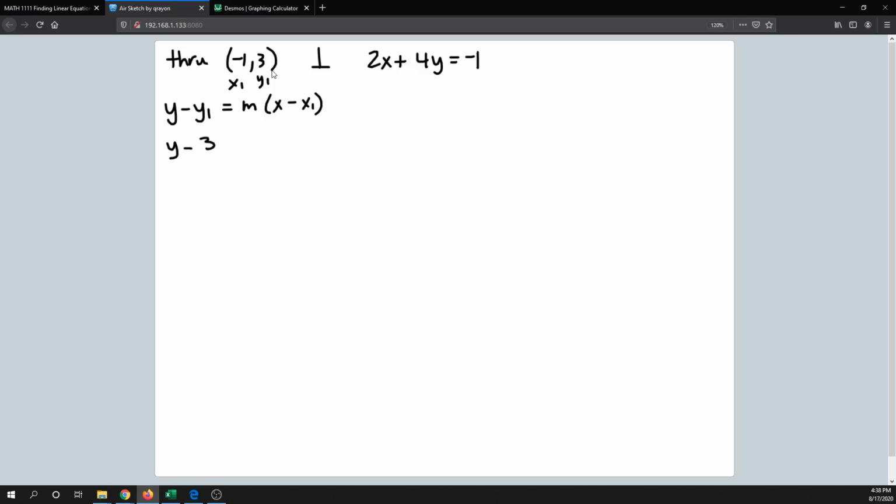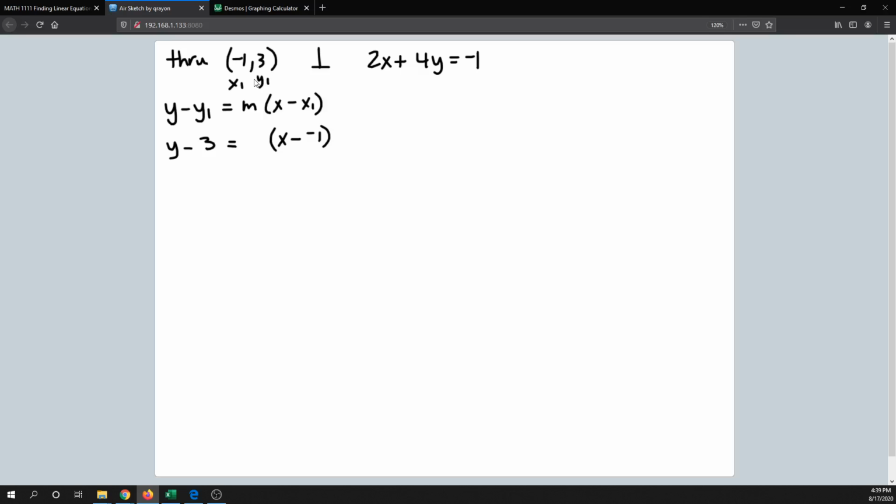So we would plug in 3 for y1 and x1 is a negative 1. So that would be x minus a negative 1. Okay. So now all we need to do to complete this problem is figure out what the slope of this line would be.